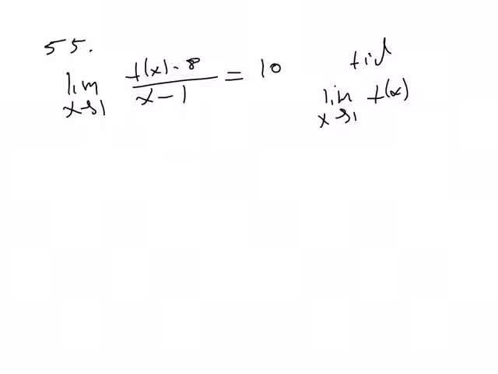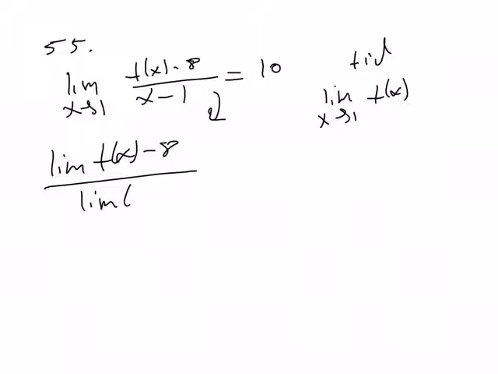Right? So this over here is the same as the limit of f(x) minus 8 over the limit of x minus 1. This is x approaching 1, x approaching 1, because we can put the limit there, and then the 8 doesn't really need a limit. And we're saying that this is 10. So then we move this to the other side.